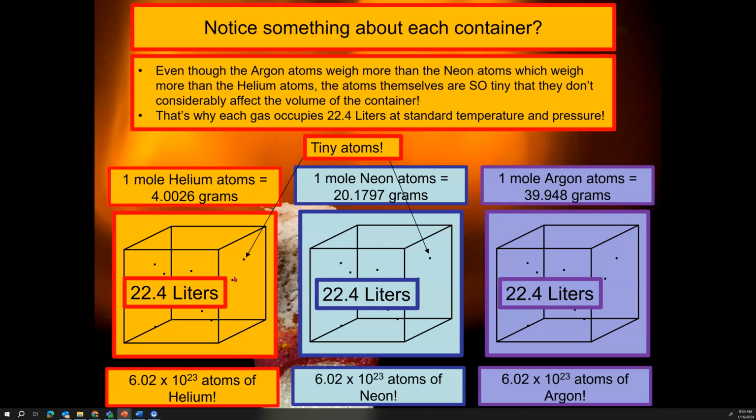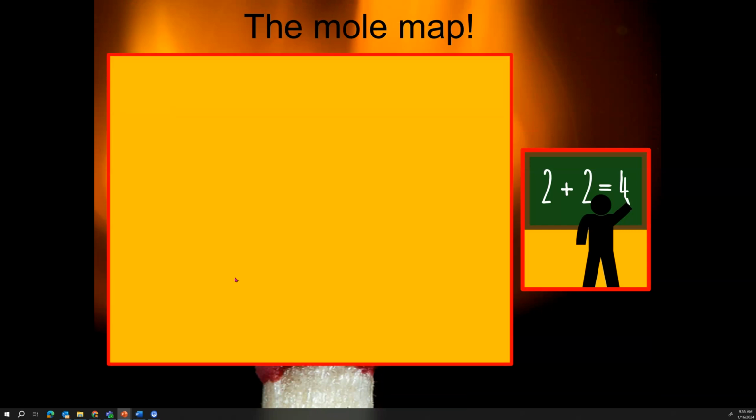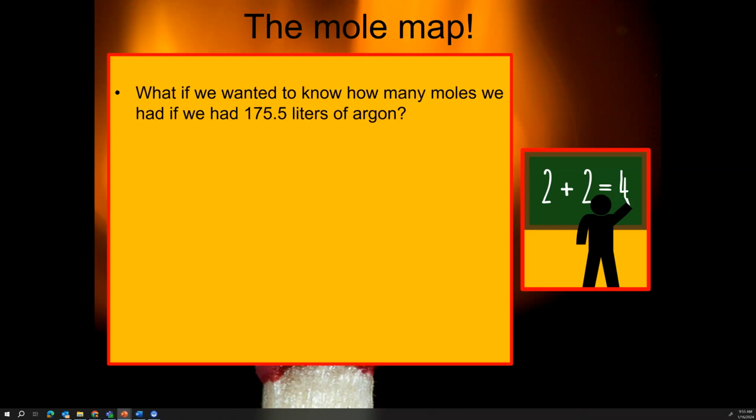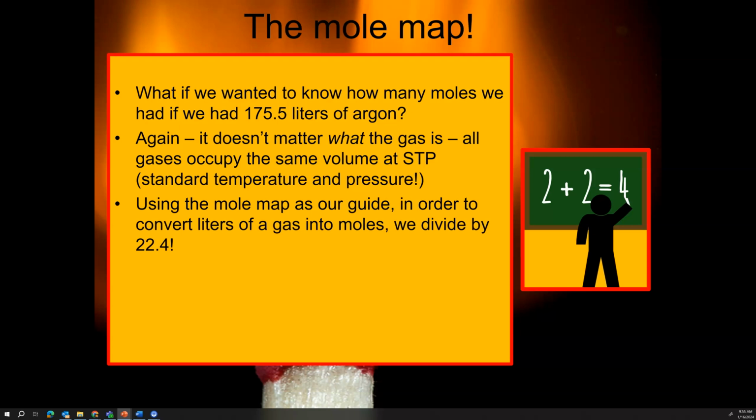So, okay, let's say we had 175.5 liters of argon. How many moles would we have? So, no matter what, it doesn't matter what the gas is. They're all the same volume at standard temperature pressure, STP.